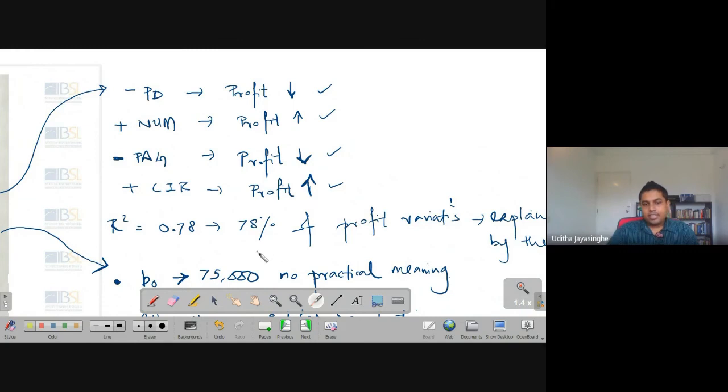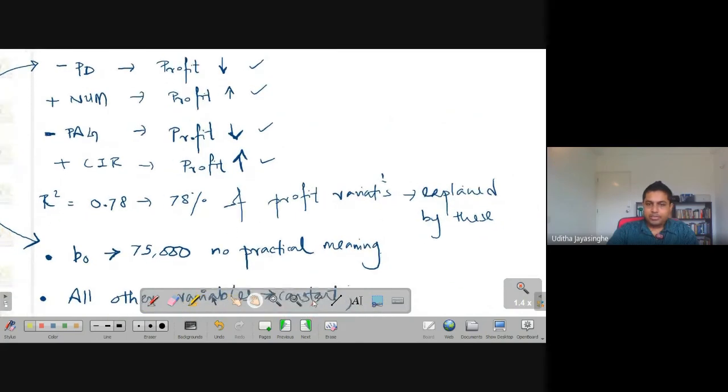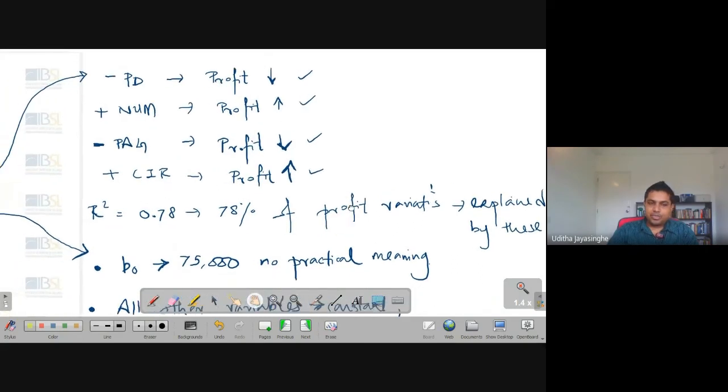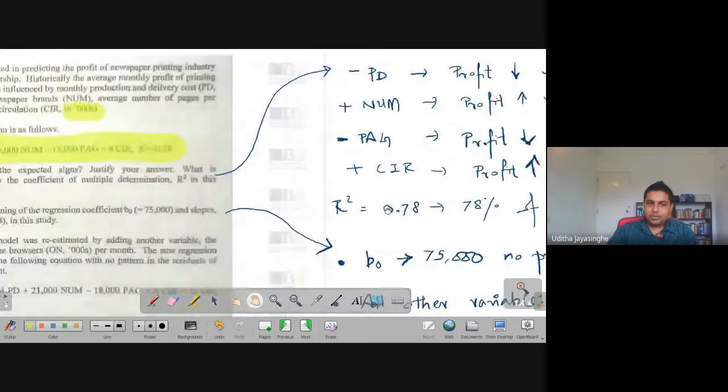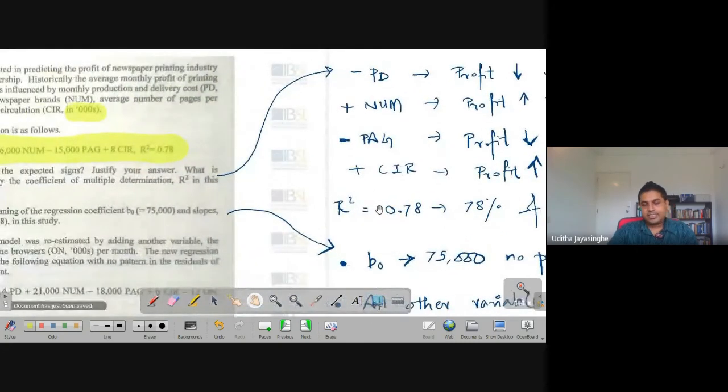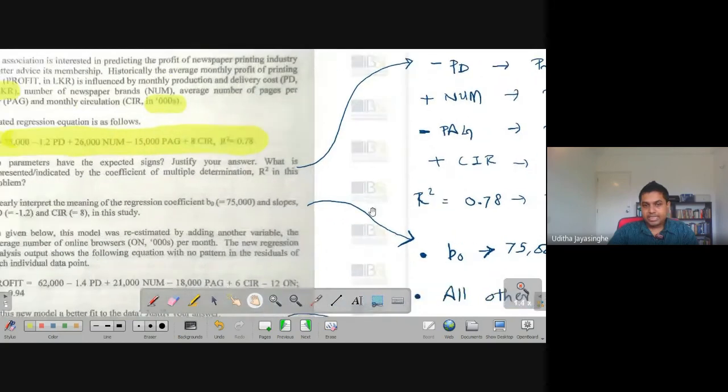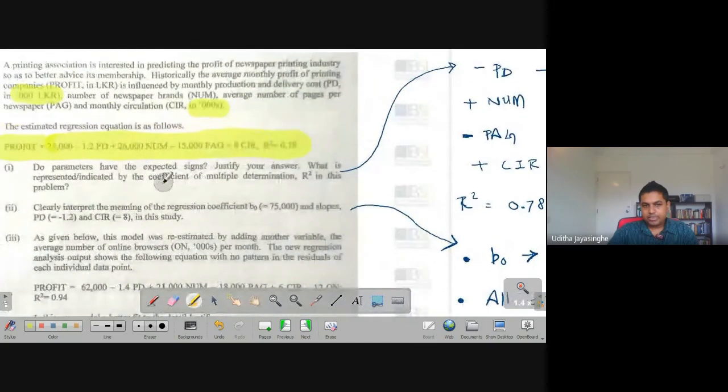Second part, R square 0.78. This R square 0.78 means 78% of the movements of the profit can be explained by these variables. Although coefficient of determination is the simple word, the real technical word used by the examiner here is coefficient of multiple determination.